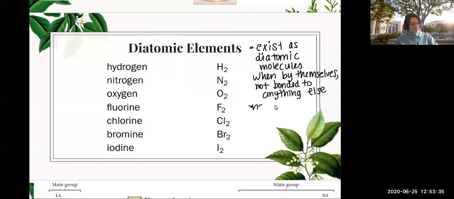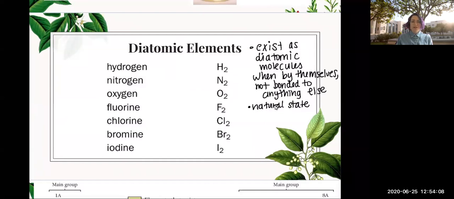This is their natural state. So if I say I'm going to breathe in some oxygen today, I'm talking about O2. If your patient has oxygen hooked into a ventilator or respiratory aid of some kind, you're talking about O2, not just O, because oxygen naturally exists as a diatomic molecule, as a gas.